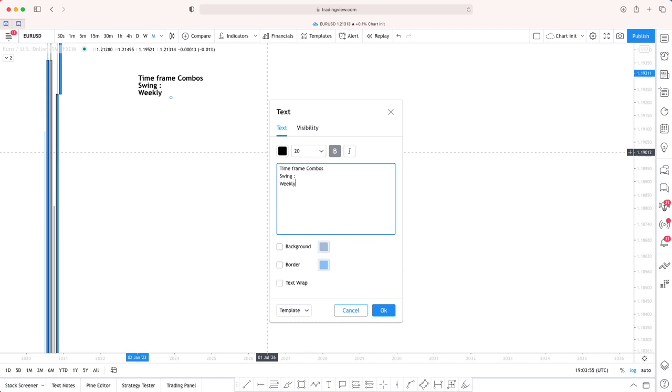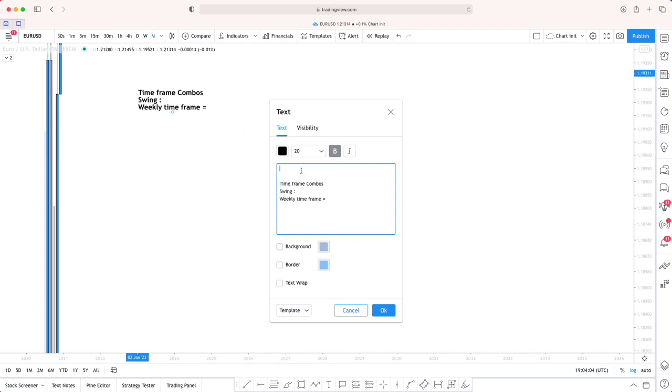If you use the monthly time frame, you're going to count back 3: 1, 2, 3. You're going to use the 4-hour or the daily for your entry confirmation.